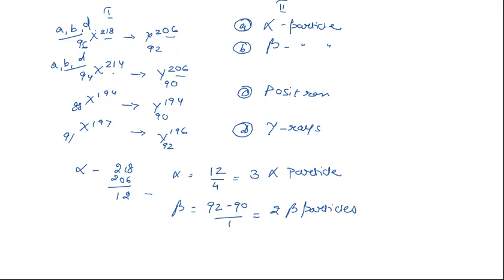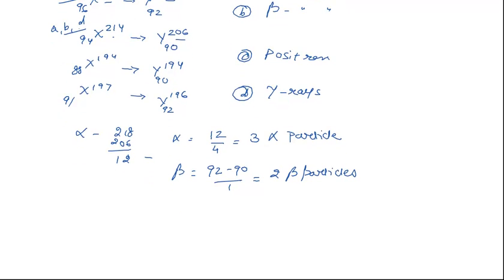Right? Now the third case. 194, the mass numbers are the same. That is X 194, 88 going to Y 194, 90. What is happening?